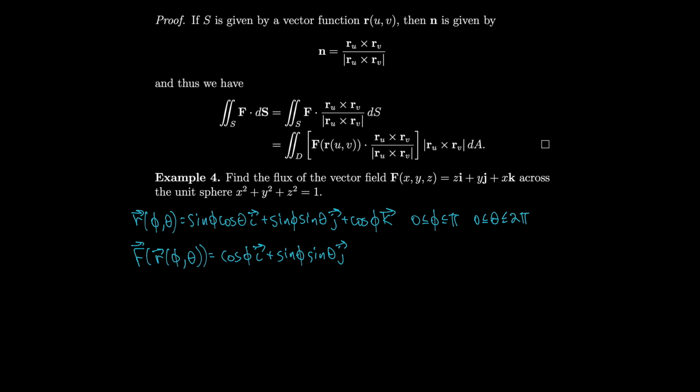And then x was supposed to be k, so basically x and z are swapped. So we'll have sine phi cosine theta k.